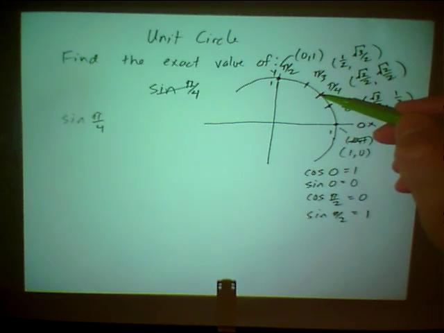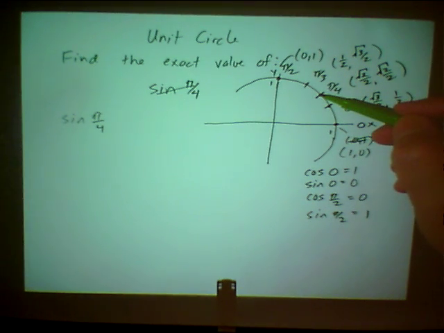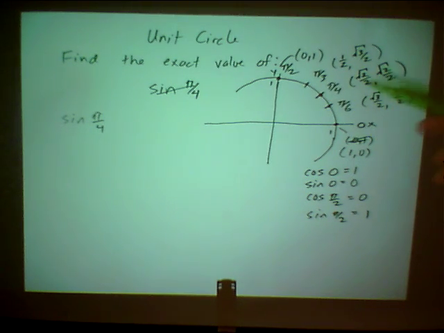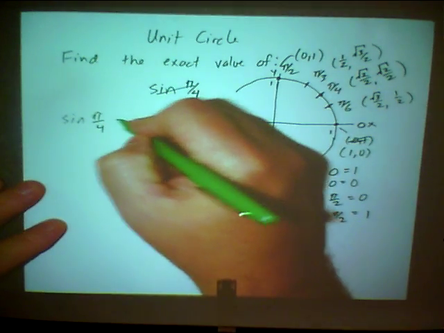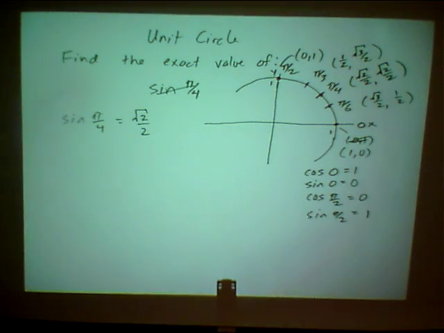Since I'm looking for the sine, I need the y value of that point. As it turns out, at pi over 4, the x and the y are the same, and they're both square root of 2 over 2. So I right away was able to get the value of the sine of pi over 4.